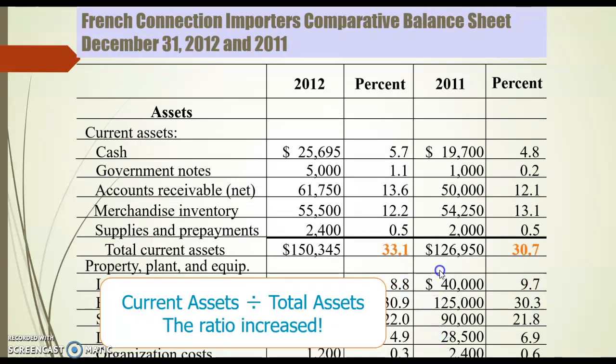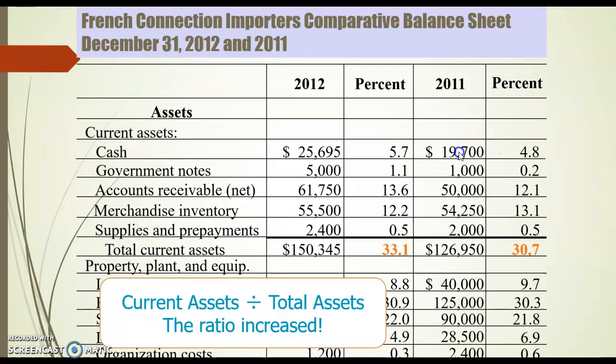Okay, so here we're at the comparative balance sheet, and again, for the total assets, you're going to divide every single number in 2012 by the 2012 total assets. So in 2012, cash was 5.7% of the total assets that we had.